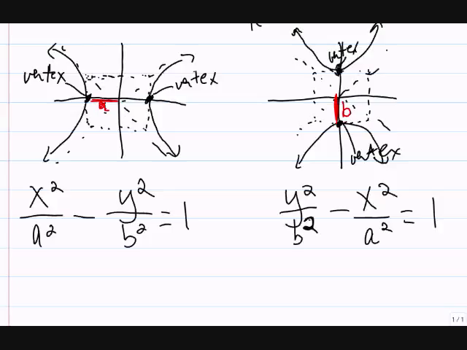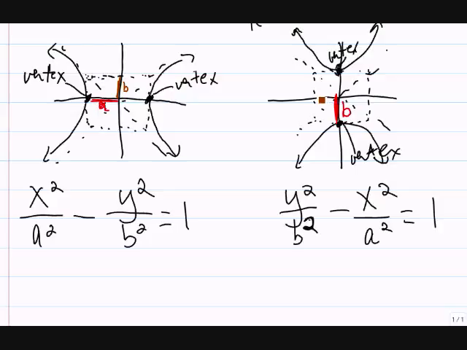Oh, the b has a value. And remember with the foci, it's very much in the calculation of the foci. It's got to be part of the equation. And b is going to be this distance right here. That's the distance from the center to the top of a little rectangle, to one side of a rectangle.